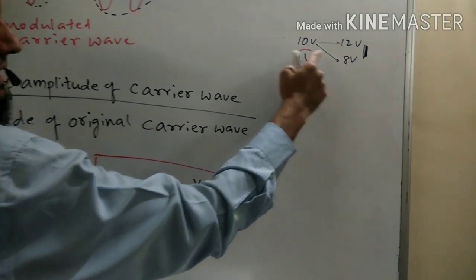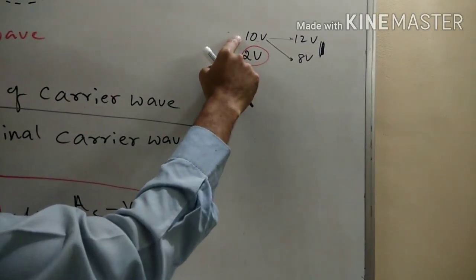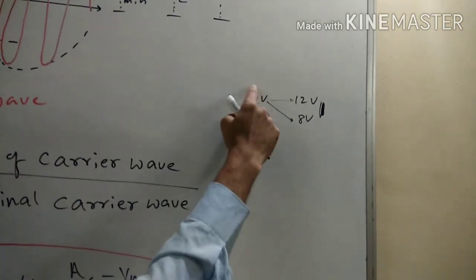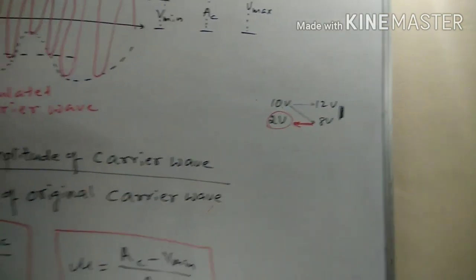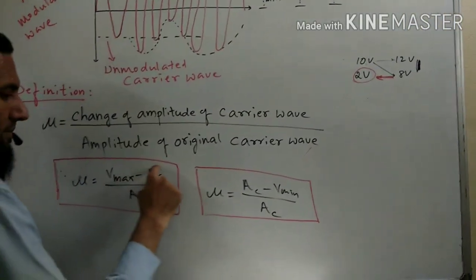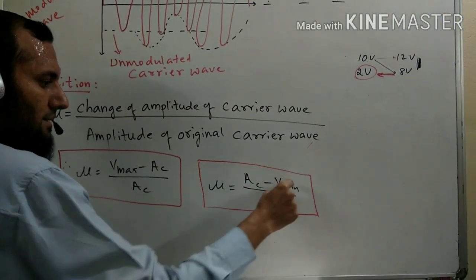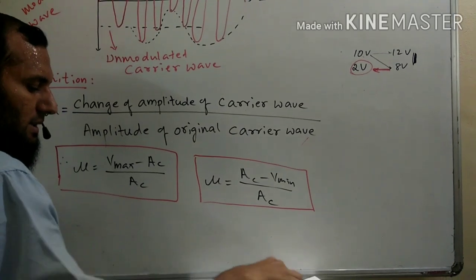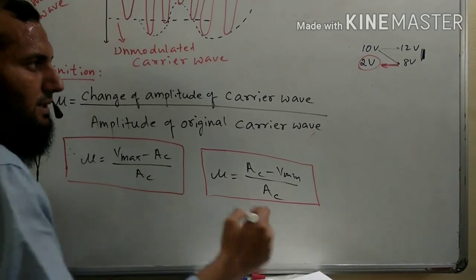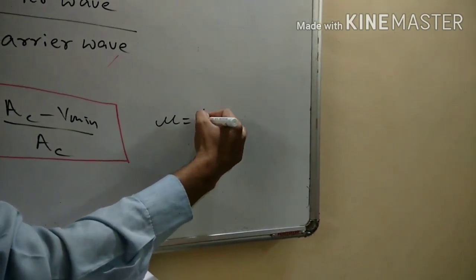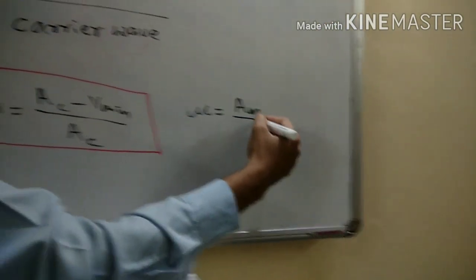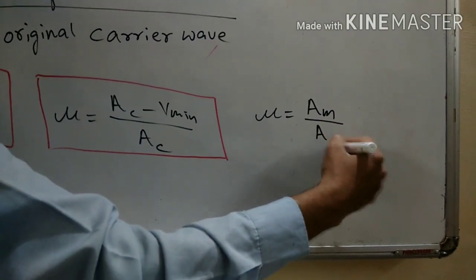So AC is 10 volts minus V minimum, 10 minus 8, again 2 volts. So from this what we understand is V maximum minus AC or AC minus V minimum is nothing but the amplitude of the message wave. Therefore mu can also be written as amplitude of the message wave by amplitude of the carrier wave.